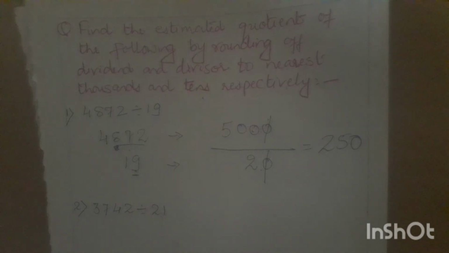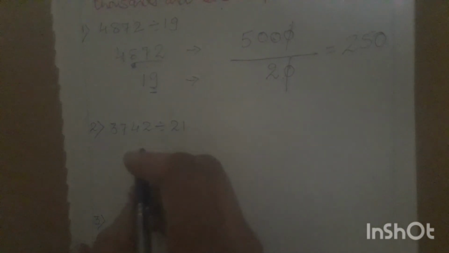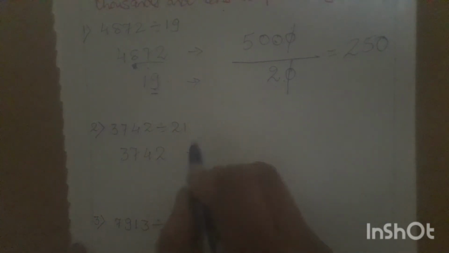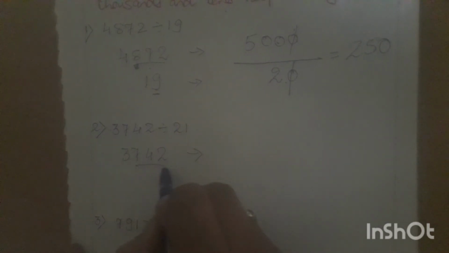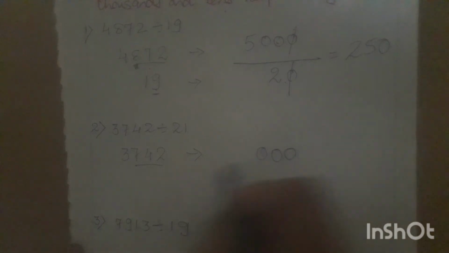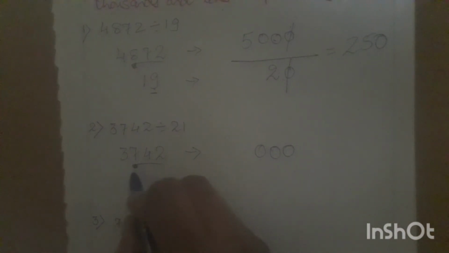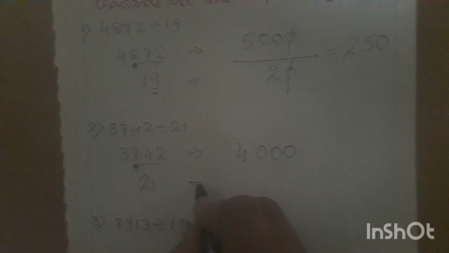Right? Now come to the next question, that is here you have 3742, which you have to round off to the nearest thousands. Thousands, 3 zeros, and the digit at the higher place is 7. So condition is satisfied. So 3 plus 1 becomes 4. The next one, that is 21. This you have to round off to the nearest tens.